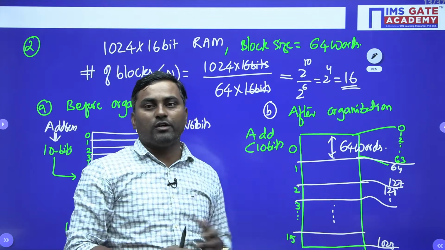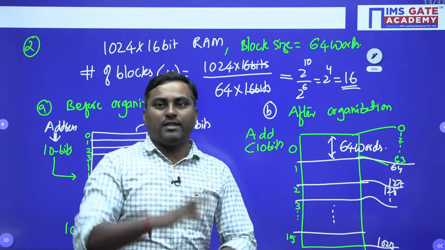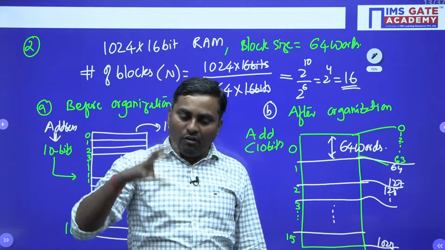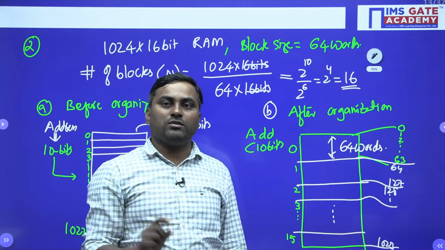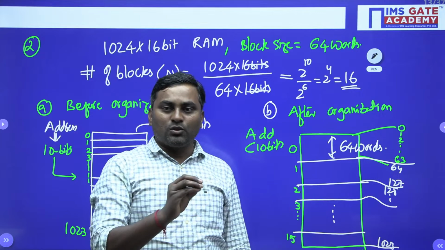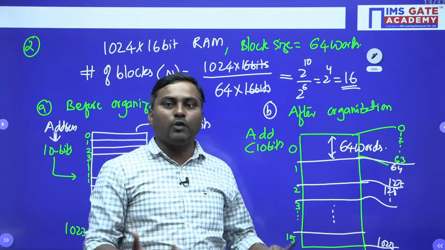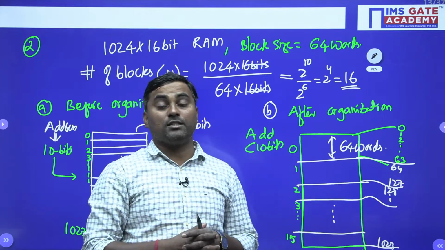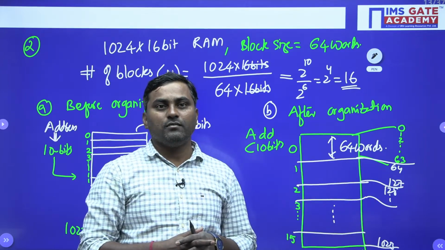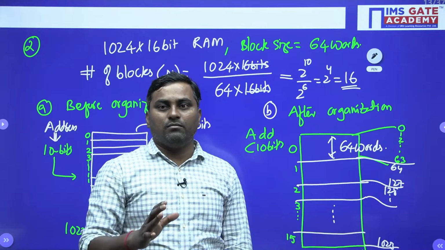That gives the word number. I hope you understand the arrangement of memory in terms of blocks. This we call memory organization in terms of blocks. This is the basic thing we need to understand for cache design, that is, cache address mapping methods. I hope it is clear.